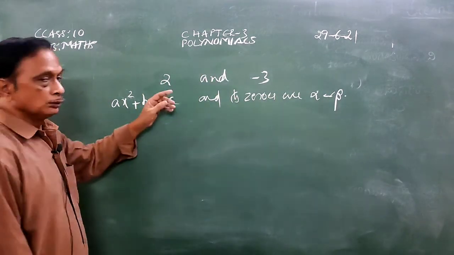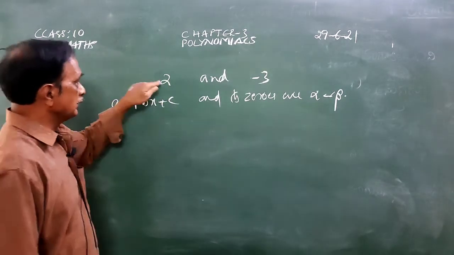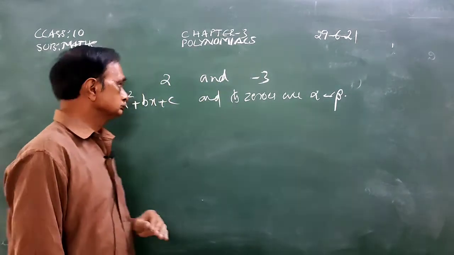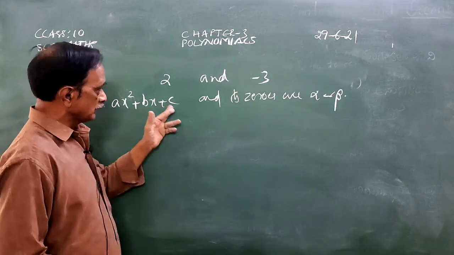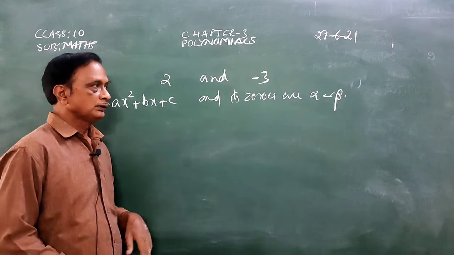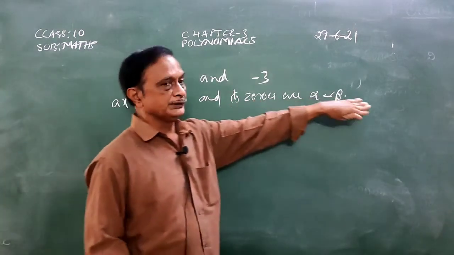You are required to find the quadratic polynomial whose zeros are 2 and minus 3, and you have assumed that polynomial as ax square plus bx plus c, where a is not equal to 0, with zeros alpha and beta.